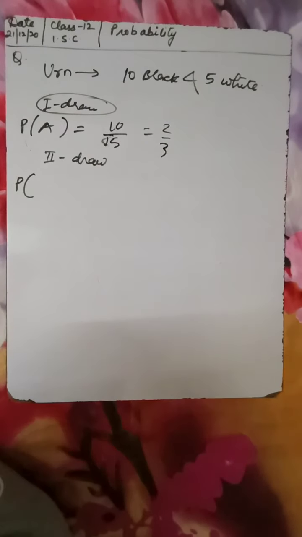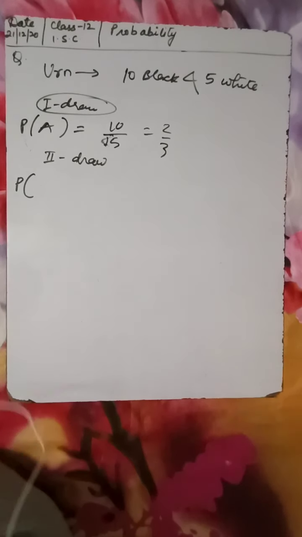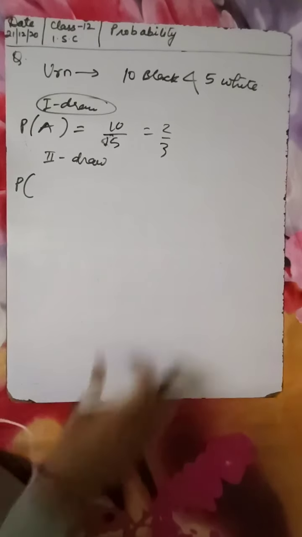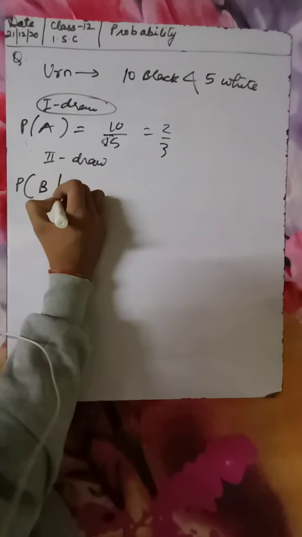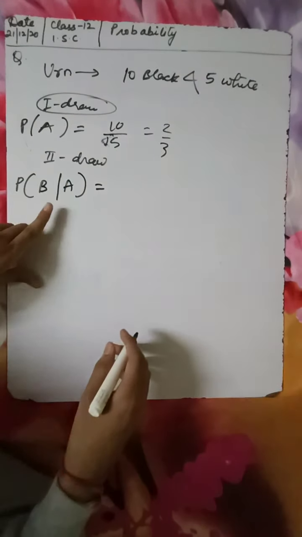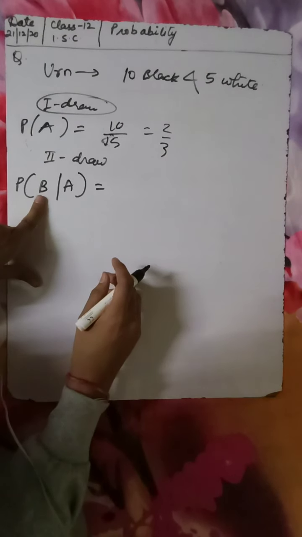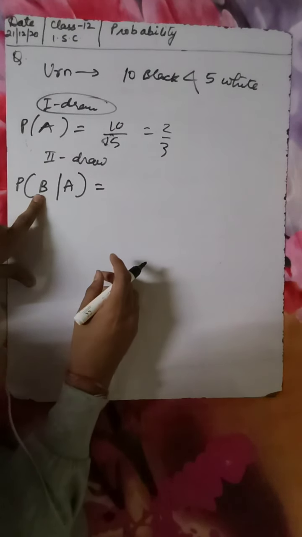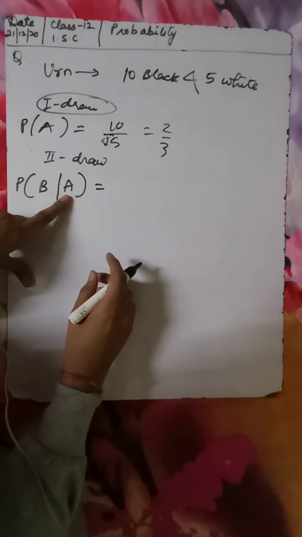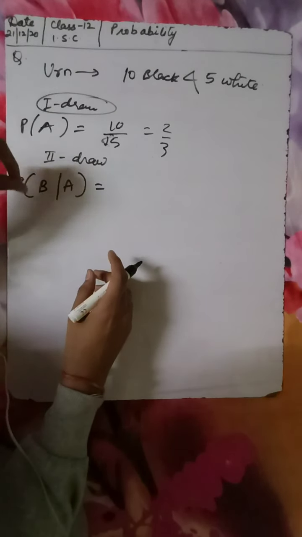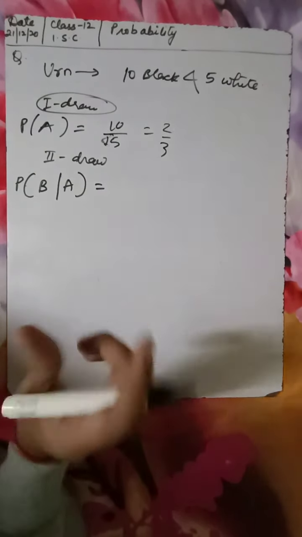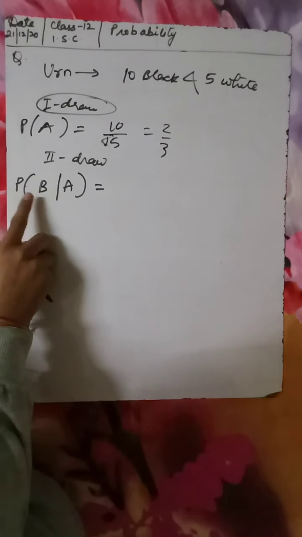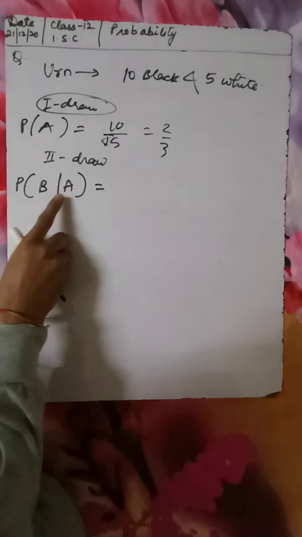And let B be the event of drawing a black ball in the second chance, or second time. So probability of B given A. Why am I putting given A? In the second event B, I need to draw a black ball with condition A, that means I have already drawn a black ball, because they have written a very important word, that is without replacement. So we need to find the probability of B given A.